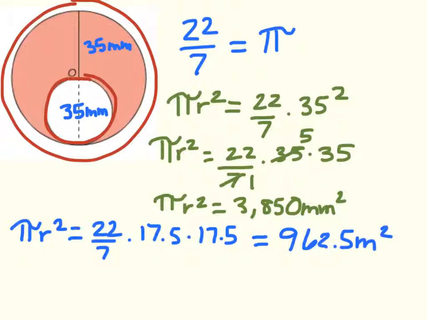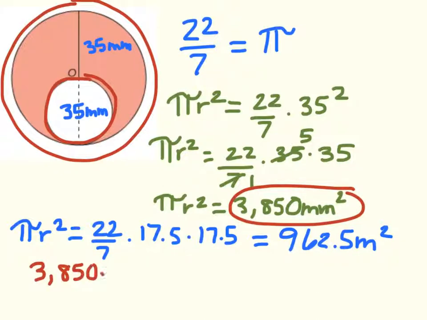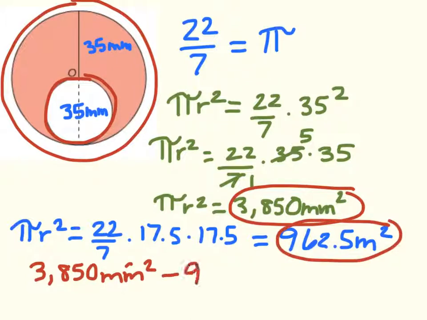Final step. We need to find the area of the pendant overall. So we're going to take the area of the disk, 3,850 millimeters squared. We're going to subtract the area of the hole. Oops, I just noticed I left out an M there.